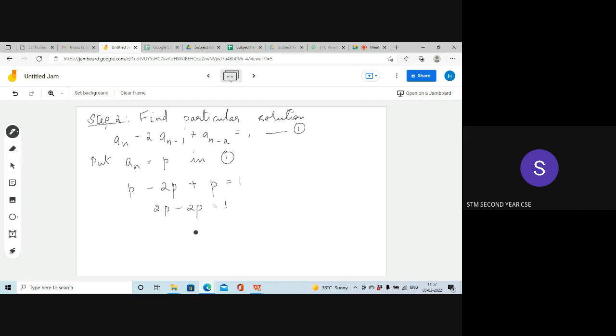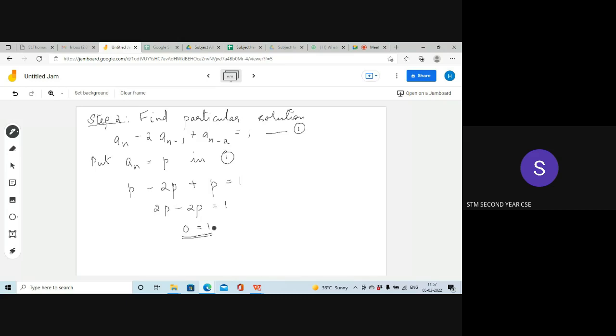What is 2 minus 2? 0. So 2p minus 2p is 0, and I get 0 is equal to 1.